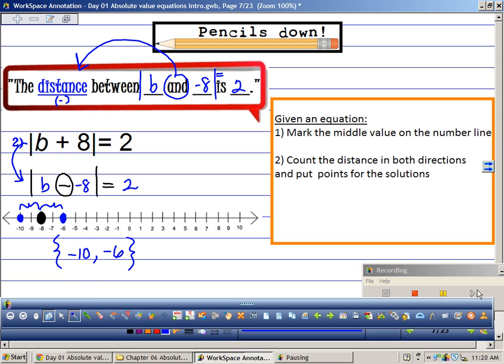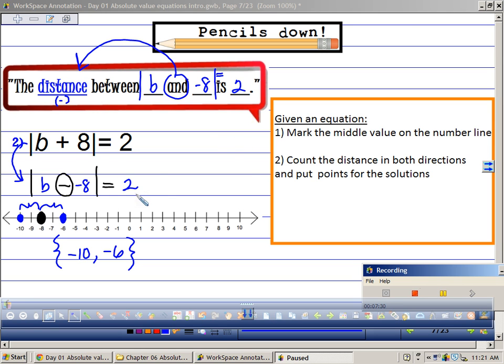Write that down. I think this is the most abstract way to look at it, but I'm doing it for a reason. Because when we go the other way, when you see a word problem, you'll know exactly what it means. So just bear with me, okay?